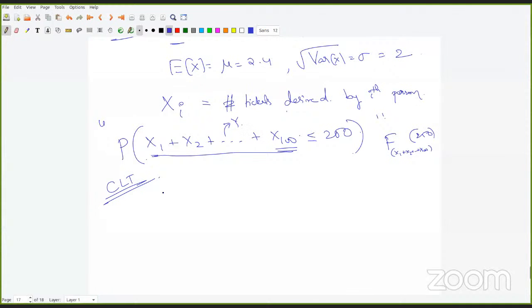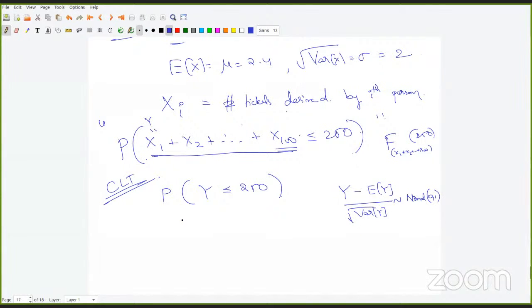So the probability that Y is less than or equal to 250. What does CLT say? Y minus the expected value of Y, divided by the standard deviation of Y, follows a standard normal distribution, (0, 1).